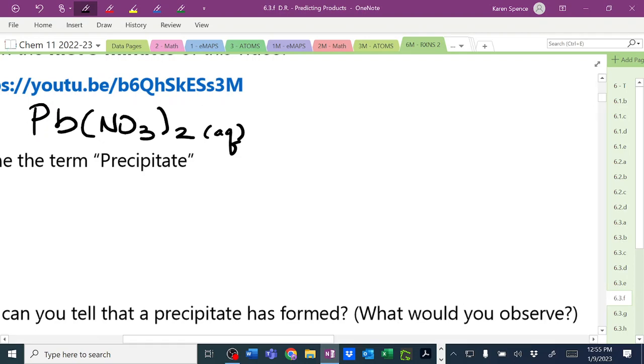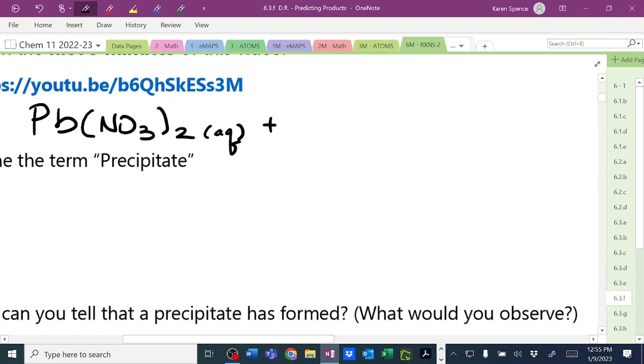And you'll notice it looks just like water, okay? Lead nitrate is actually quite toxic, so you don't want to do that. I'm just going to put it in my little teacup full of paper clips, okay? Not my teacup that I drink out of, it's my teacup full of paper clips.